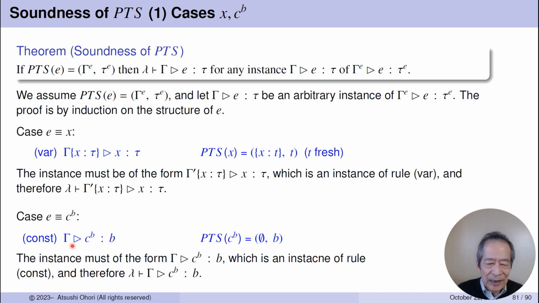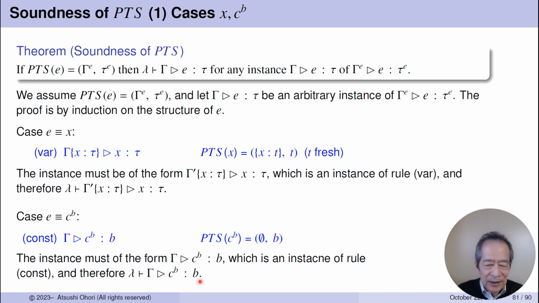Case of constant. Constant has this typing rule, and the definition of the constant case is this one. Again, any arbitrarily picked instance must be of this form, by adding whatever extra assumptions you want to this empty set, and this type is B. So any instance must be of this form, which is just an instance of this constant rule.